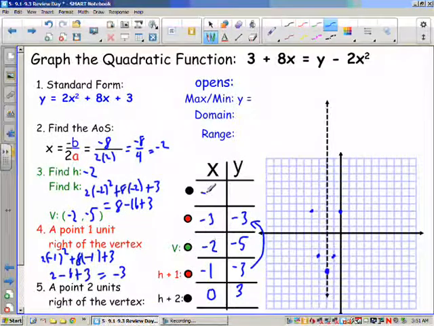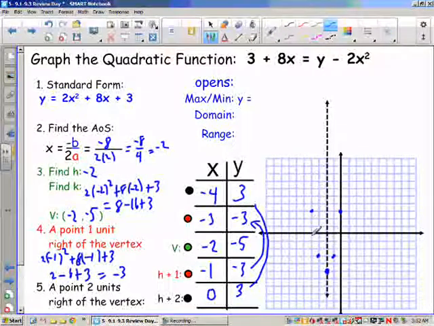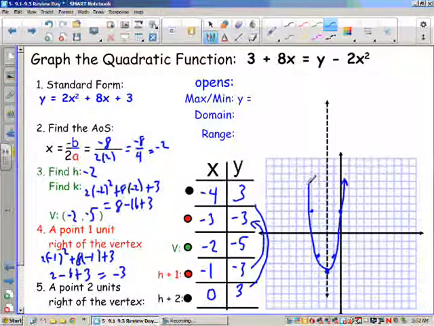If we subtracted 2, we'd get negative 4 and the 3. And sure enough, if you look here, at negative 3, we're at negative 3, and at negative 4, we're at positive 3. This is our shape, roughly something like this.